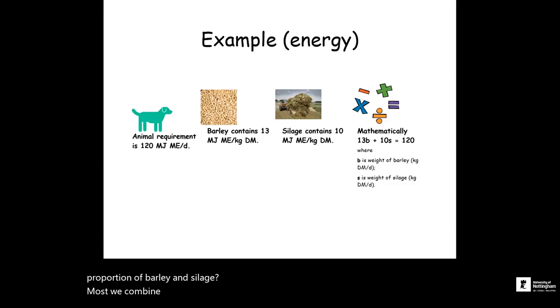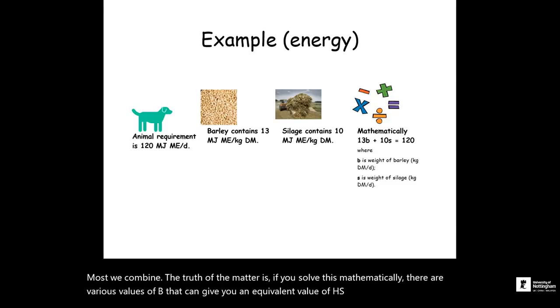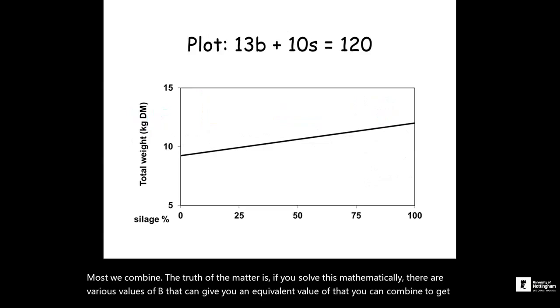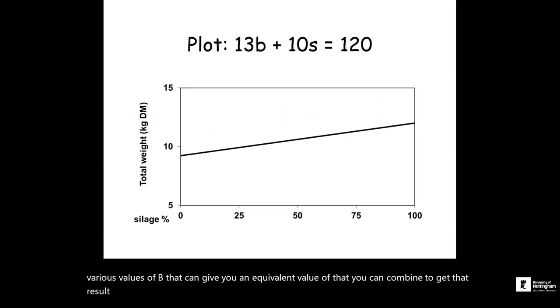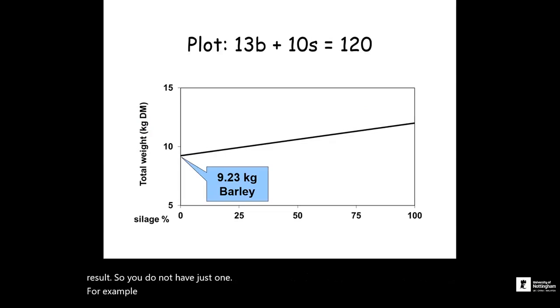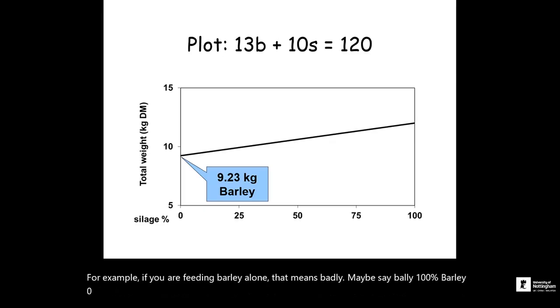So what proportion of barley and silage must we combine? The truth of the matter is, if you solve this mathematically, there are various values of B that can give you an equivalent value of S that you can combine to get that result. So you do not have just one. For example, if you are feeding barley alone, that means 100% barley, 0% silage.